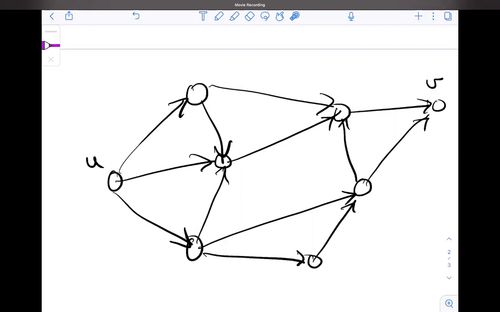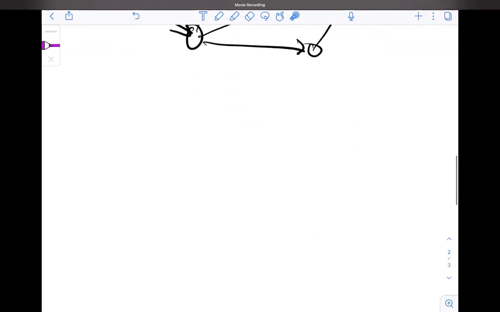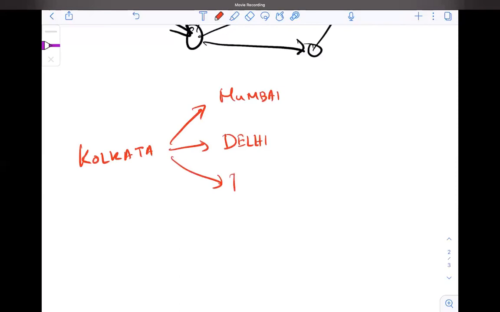Maybe if I can just write it down: say this is where I am. Right now I want to go from Calcutta, and you have the possibility of going through Mumbai, or Delhi, or Dubai, or Bangalore.